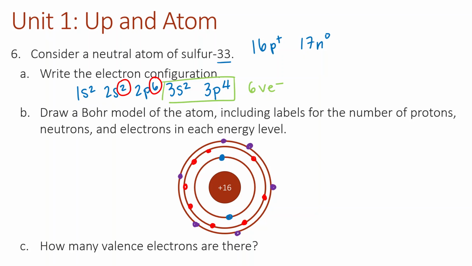So whenever we're talking about this particular atom here, my nucleus is going to have those 16 protons and 17 neutrons in it. And each of my energy levels, we're going to have 2, 8, and my valence shell has 6. So the number of valence electrons that we have is 6 valence electrons.